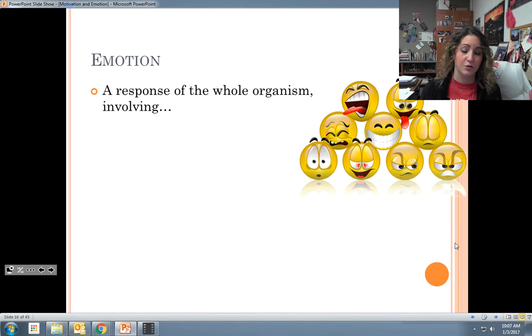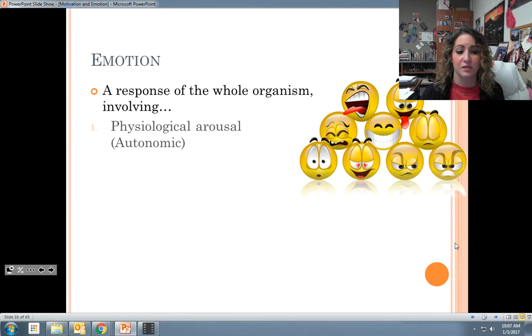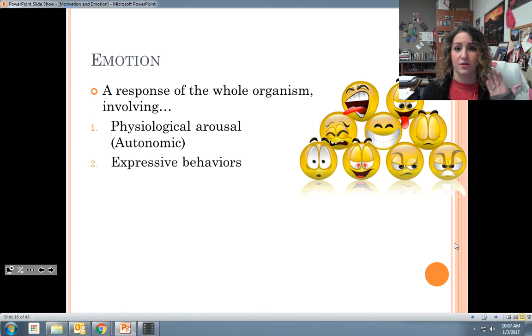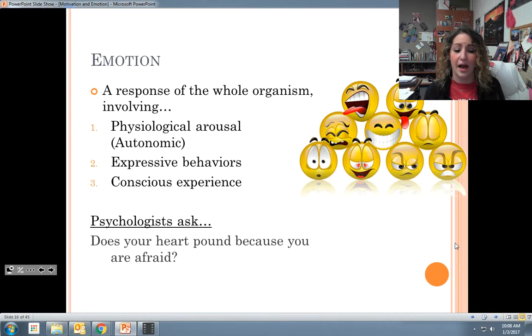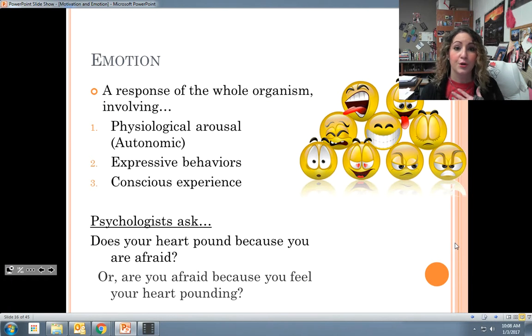So emotion is not just facial expressions, it's a response of the whole organism, involving some sort of physiological body change, expressive behavior, like a face, and then a conscious experience, some sort of mental experience. So psychologists ask, does your heart pound because you're afraid, or are you afraid because your heart is pounding?